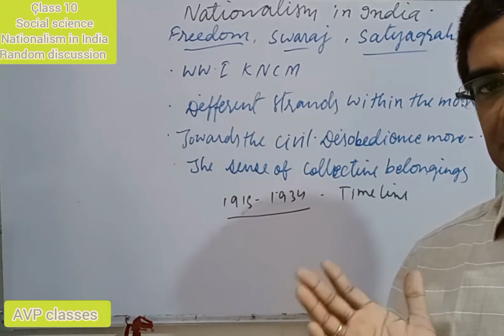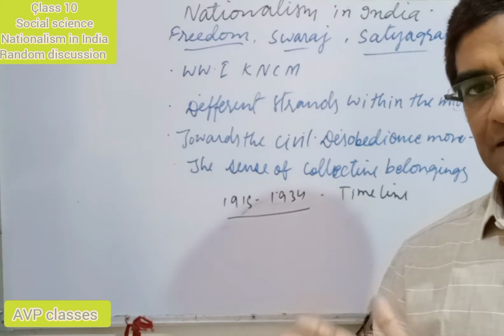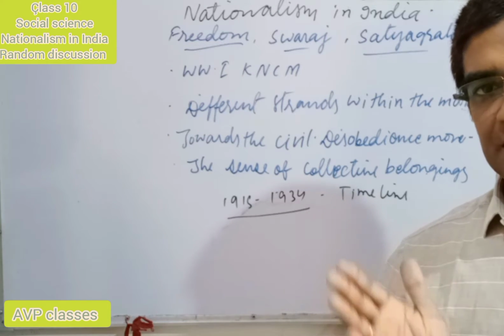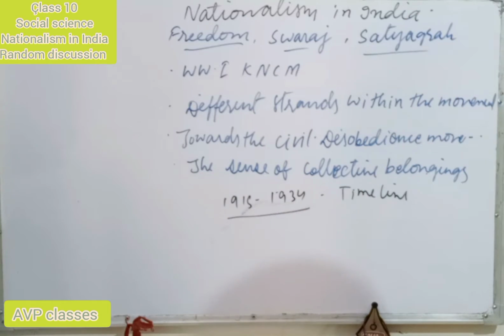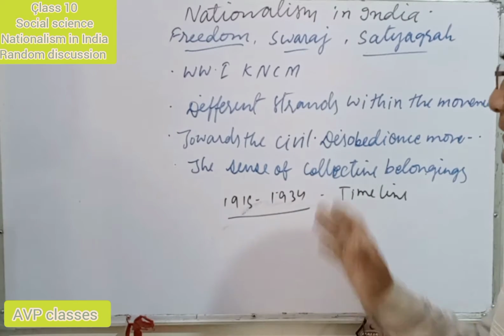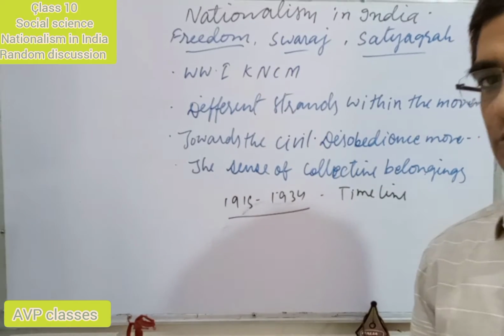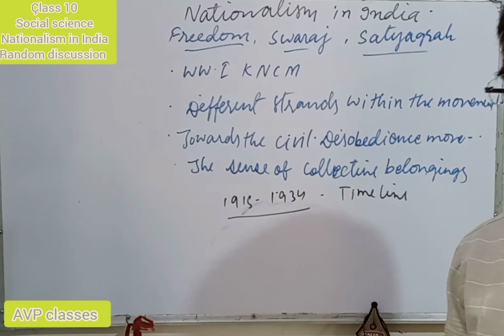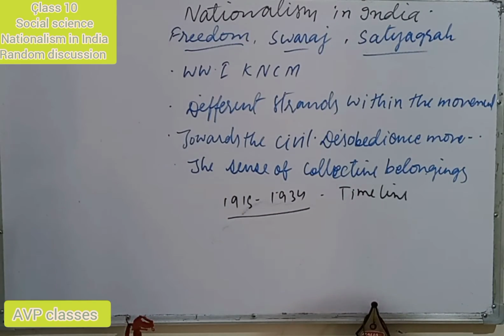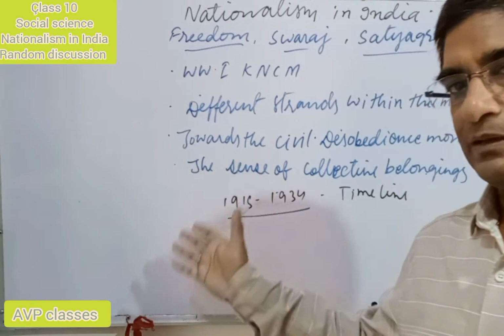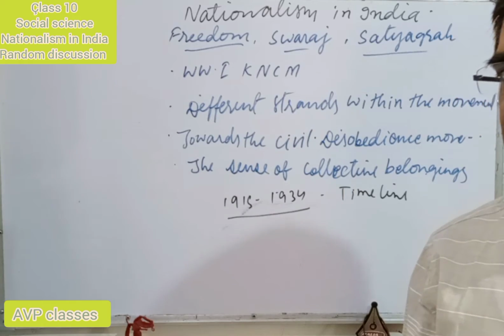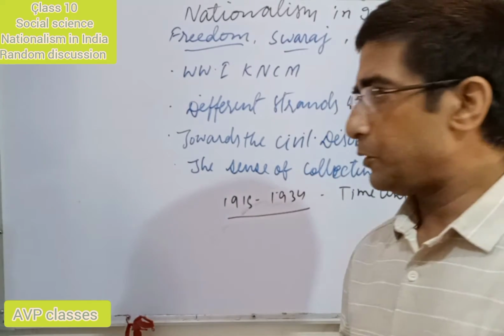Everywhere we will associate all the topics with Gandhiji. So there are four topics: World War First, Khilafat non-cooperation movement, and then the second topic followed by the third topic, and the third topic followed by the fourth topic. In each topic we have to discover very important things.